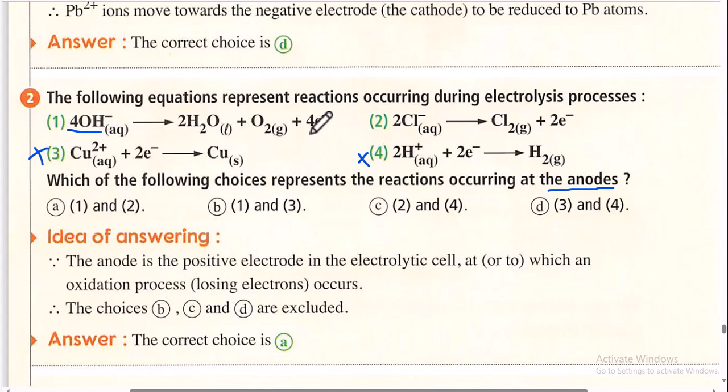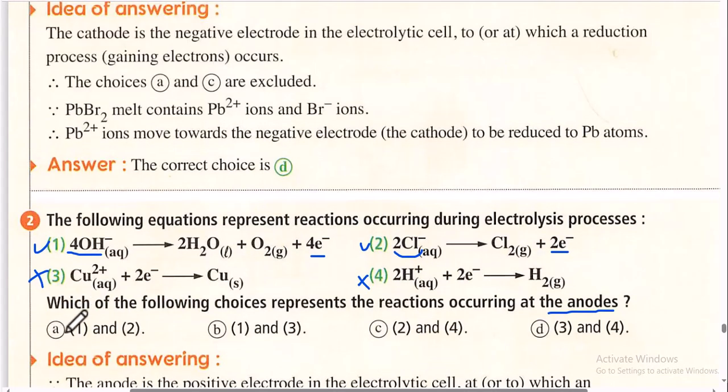They leave electrons, so they are oxidized. Chloride is a negative anion, so it goes to the anode. It is oxidized as it loses 2 electrons. So 2 is correct and 1 is correct. The choices are A: 1 and 2, 1 and 3, 2 and 4, and 3 and 4. Here the correct choice is A.